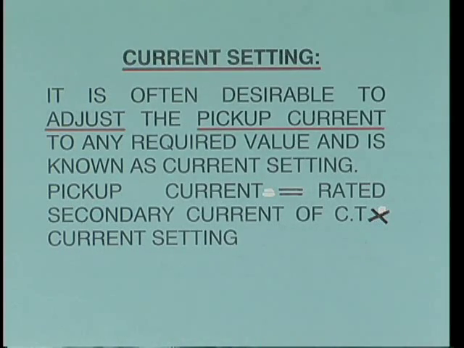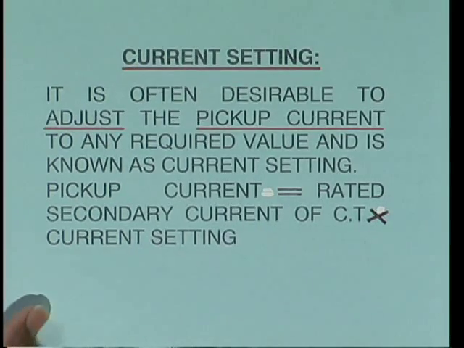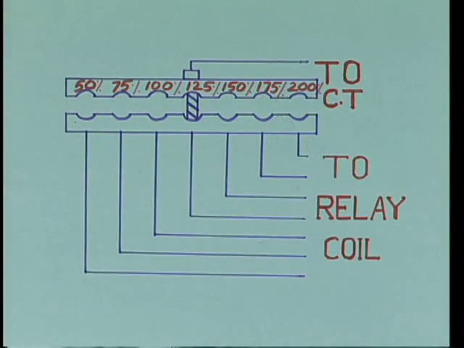We have already seen that induction type overcurrent relays can be set to any current value and also to any time of operation. We can change the current setting with the help of a number of tappings provided on the primary winding of the relay, and these tappings are connected to the plug setting bridge as shown in the figure. So this is the current setting of the relay.